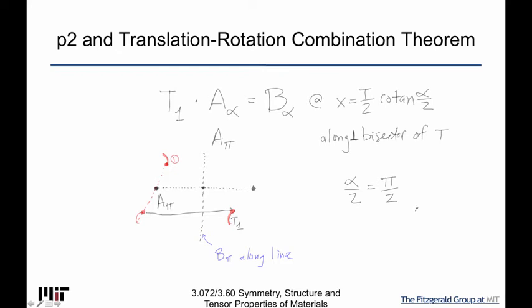Right, because pi is our angle alpha, and so alpha over 2 is pi over 2 in our case, which means that the tan of pi over 2, remember that that's equal to the sine of pi over 2 over the cosine of pi over 2, which means that the tan is equal to 1.